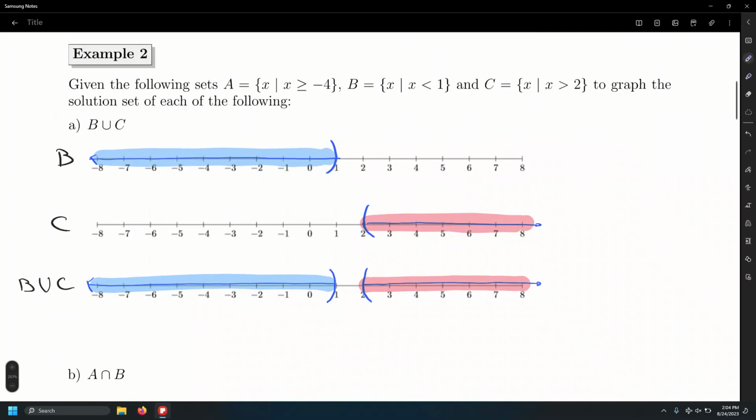the union B union with C, all we do is simply describe these two individually as intervals. Again, this arrow pointing to the left indicates that we are coming from negative infinity and stopping at 1. However, excluding the 1, how do we show that exclusion?